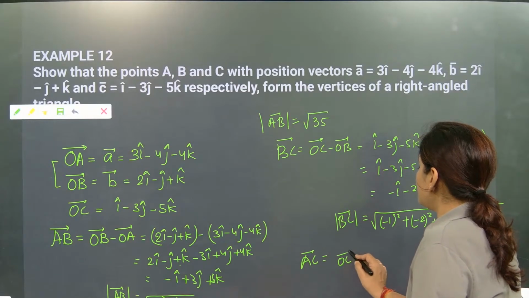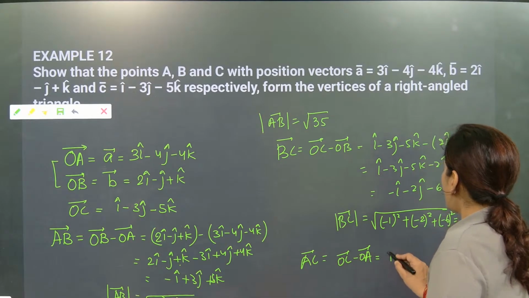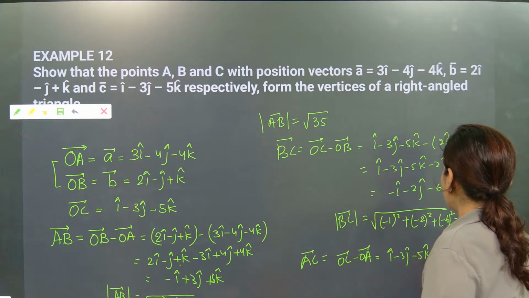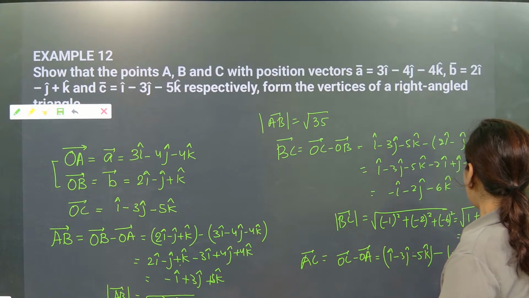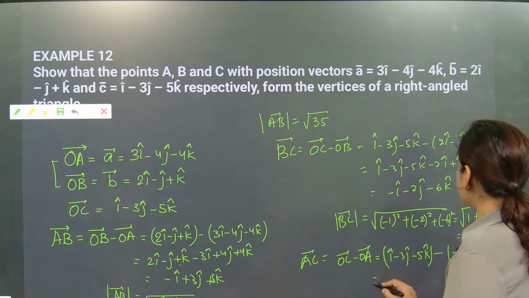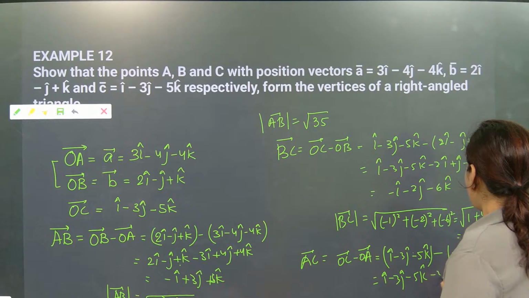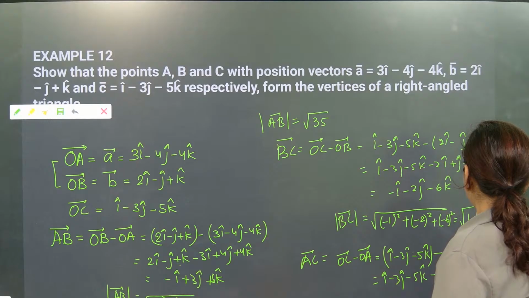Now beta, AC we have to solve with patience. AC is OC vector minus OA vector. What is OC, beta? i minus 3j minus 5k, minus OA, which is 3i minus 4j minus 4k. So here it is coming as i minus 3j minus 5k minus 3i plus 4j plus 4k.